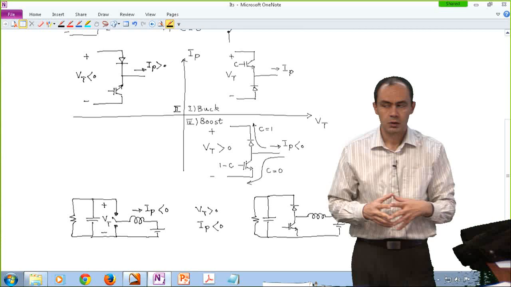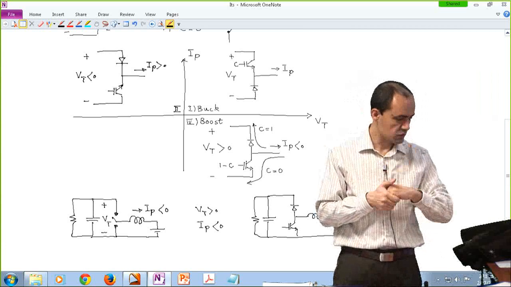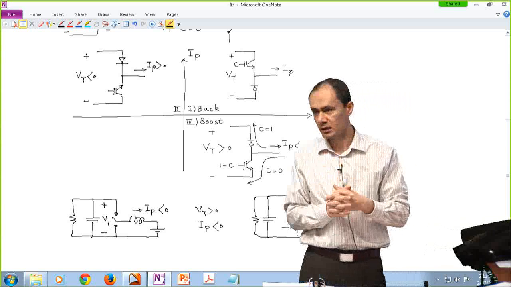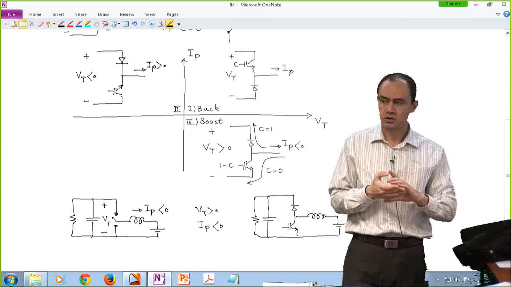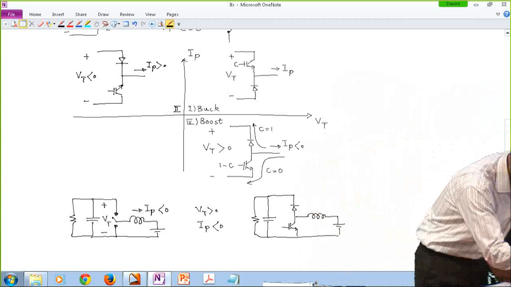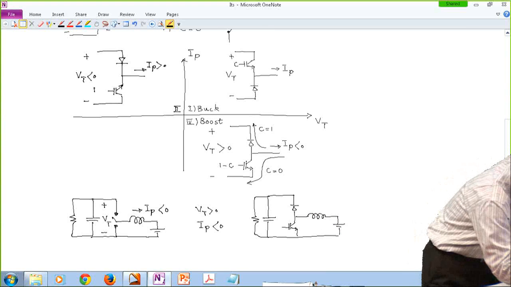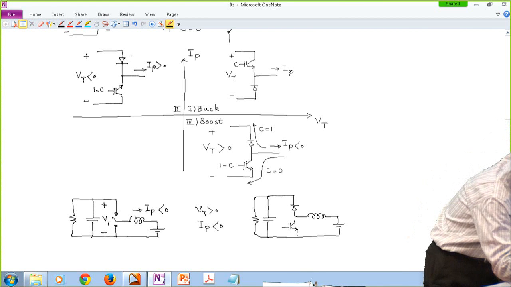All right. So you can see that they can block negative voltages. If the transistor is on, the diode can block that negative voltage, no problem. If the diode is conducting, the transistor is capable of blocking that voltage. And at the same time, conduction of the pole current is not a problem. If C is 1, the current is going to flow in this direction.